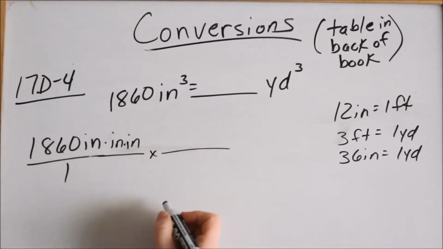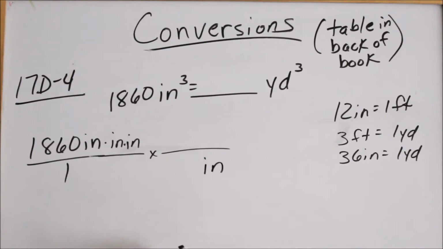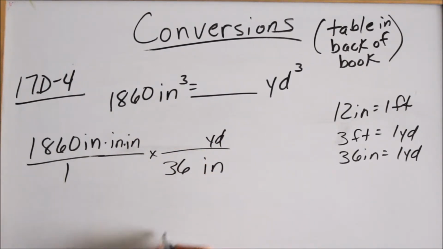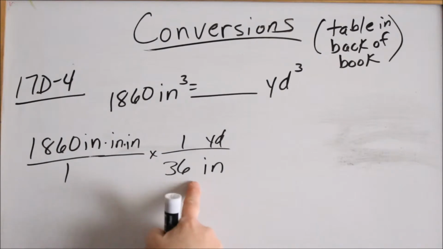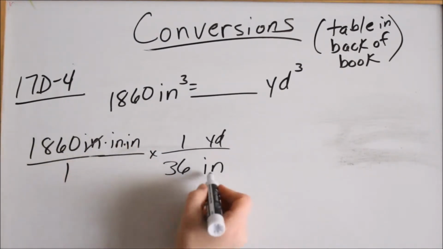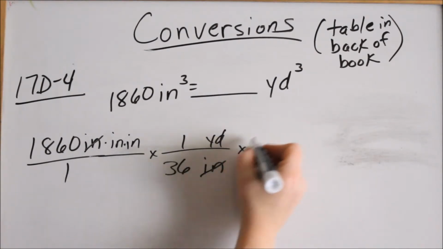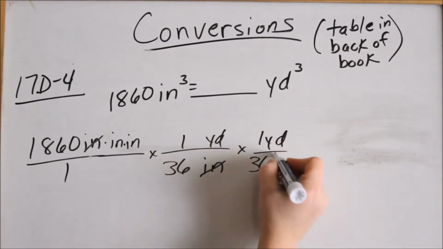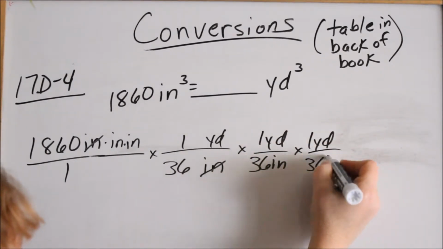So I'm going to multiply by a conversion factor. Inches needs to go in my denominator here for it to cancel. Yard goes here. 36 goes with my inches. 1 yard goes there. But if I only do this one time, only 1 of those inches will cancel. So the fact that it's cubic inches, you do this 3 times in order for all 3 of those inches to be able to cancel.